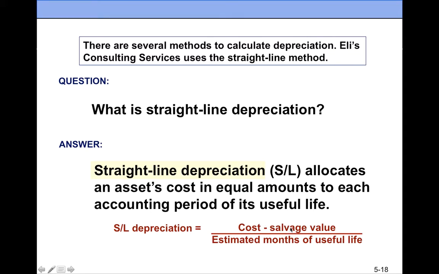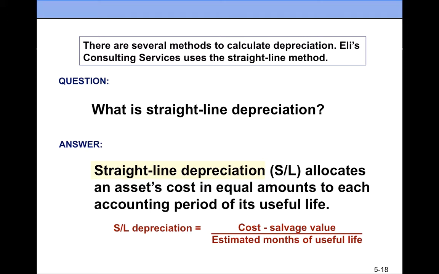Minus salvage value, which is an estimation, it's an estimate. And for a truck, so if I'm going to use it for 10 years, what kind of residual or salvage value, if you use Blue Book, you know, for your car, it's a Blue Book value, salvage value after 10 years. So you estimate it, or the IRS has tables to help you estimate it.